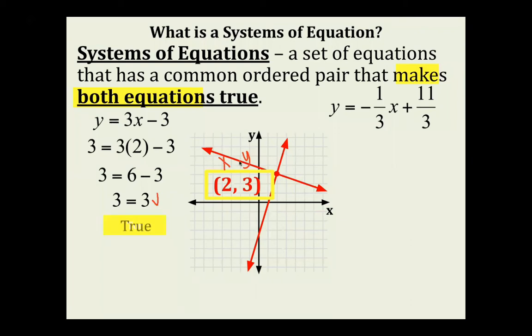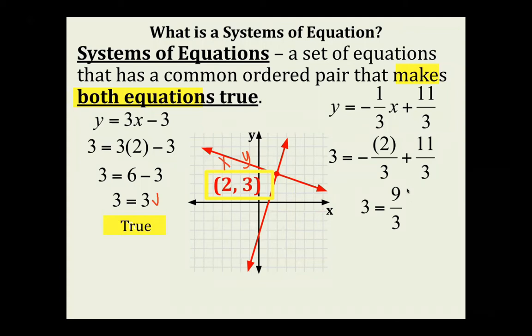So what this means is that 2, 3 is a solution of this equation. You can do the same for y equals negative 1/3 x plus 11 over 3. So I'll plug in 3 for y and 2 for x. So you get 3 equals negative 2/3 plus 11 over 3. We have a common denominator, so just simplify the numerators.